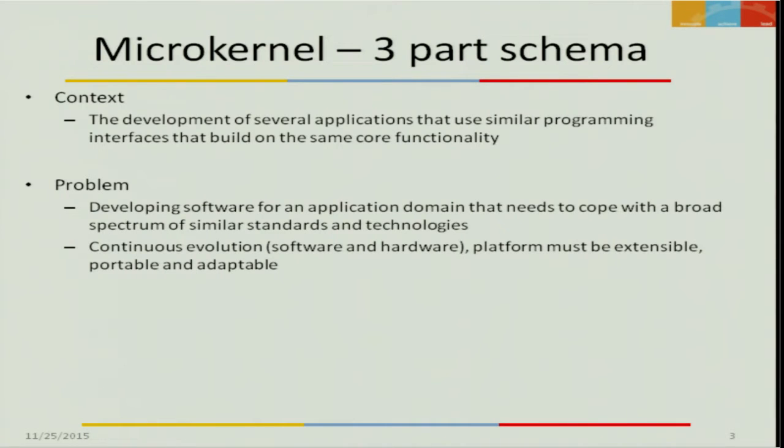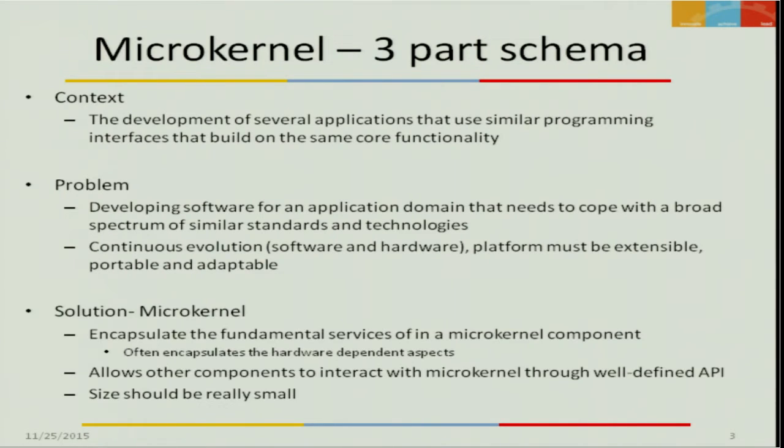In order to design a microkernel, one needs to identify the set of fundamental services, and those services should not only be designed but also encapsulated, so that they are independent of hardware-dependent aspects. Once they become independent of hardware-dependent aspects, it becomes easy for other components to interact with the microkernel through well-defined APIs. Another important part is that the size of the microkernel should really be small. It shouldn't be a big system. It's a small system, and at the same time a very portable and adaptable system.